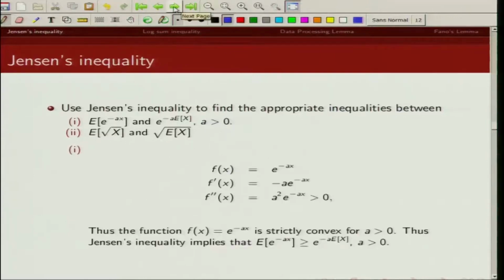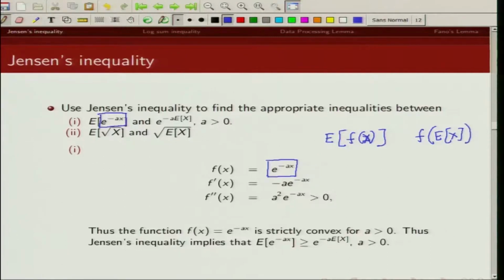So in the first case this function is given by this. So we want to find out whether the function is concave or convex, and depending on that, we can find the relationship between the expected value of the function and the function evaluated at the expected value.